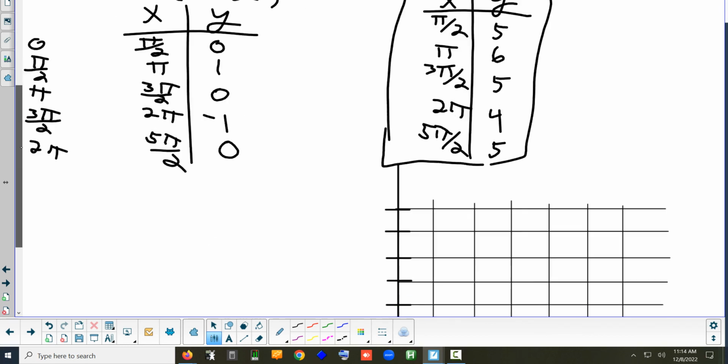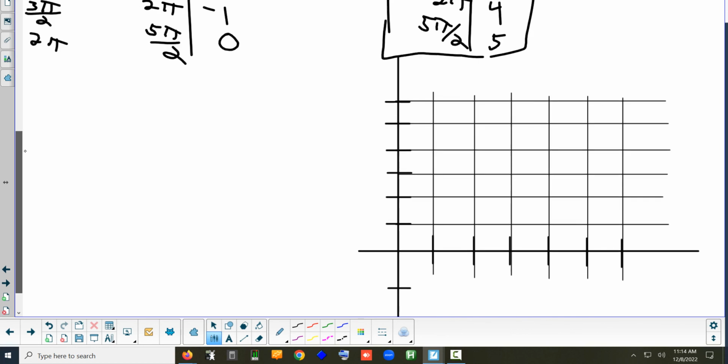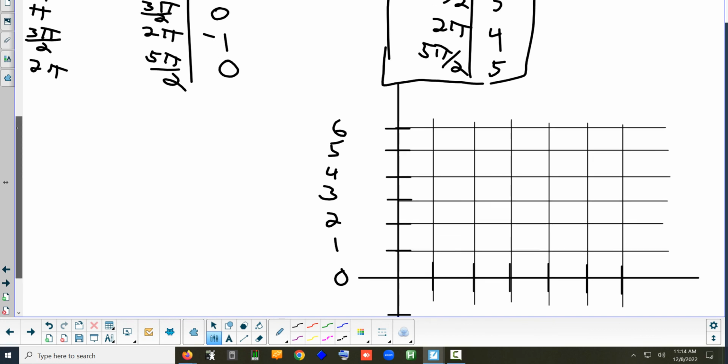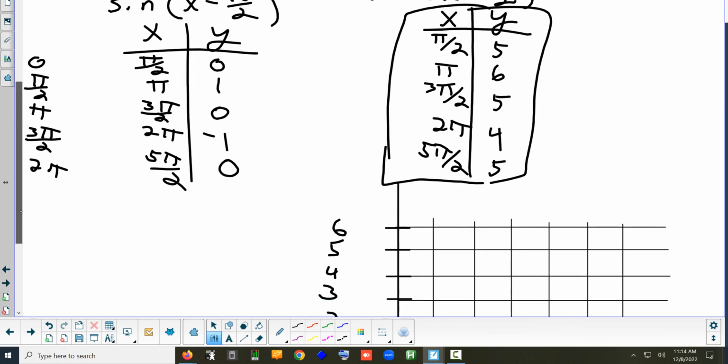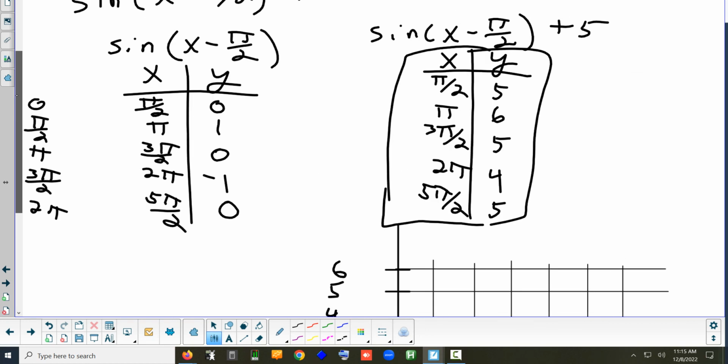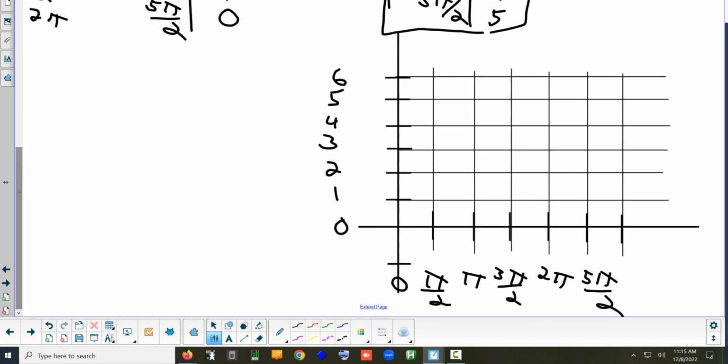Okay, let's see. So we got to go up to 6. Looks like I already set this one up to go by ones. And for x's, just use your labels in your table. 0, pi over 2, pi, 3 pi over 2, 2 pi. Do I need one more? And plot your points. 5, 6, 5, 4, 5. Am I one off?